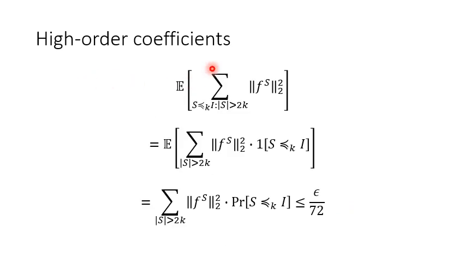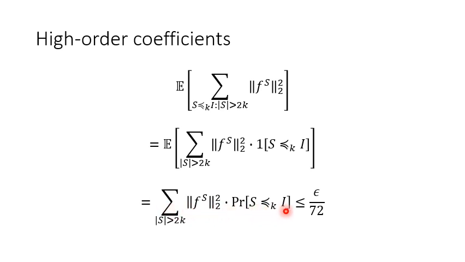We will now bound this expectation. Here we have this sum where we only consider sets that are k covered by I and have a big cardinality. So we can instead sum only on sets with big cardinality and ensure we don't have any false elements by multiplying by the indicator that the set is indeed k covered by I. Because this expectation is on the random partition I, by linearity of expectation we can push it onto the indicator, and the expectation of the indicator is just the probability that the event will happen.